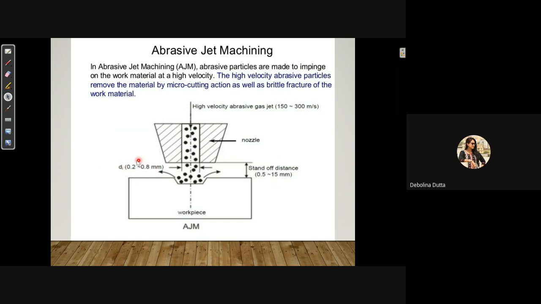Through this, a very high speed jet of abrasive mixed with gas is sent towards the workpiece. I have said these things briefly to give you the impression of how abrasive jet machining mainly works. What I have discussed so far is nothing but the working principle of abrasive jet machining.